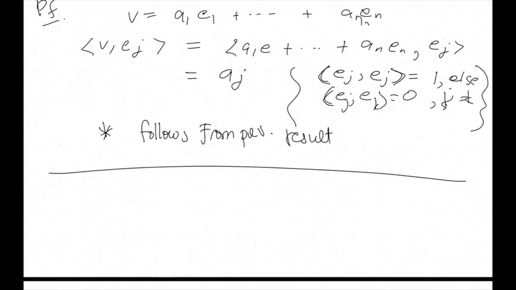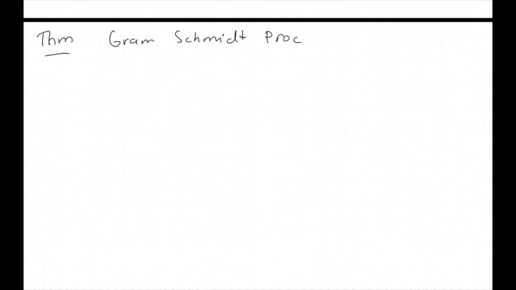This is how, given an arbitrary basis, we can derive an orthonormal basis from it. We will do it in the context of an independent list, and extend this later when we construct an orthonormal basis. So let us consider the Gram-Schmidt process or procedure, which is written as follows.